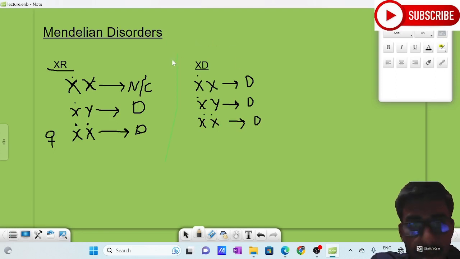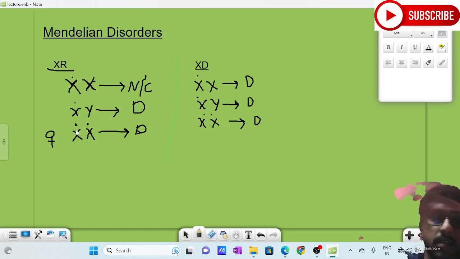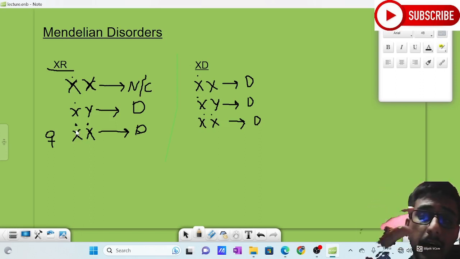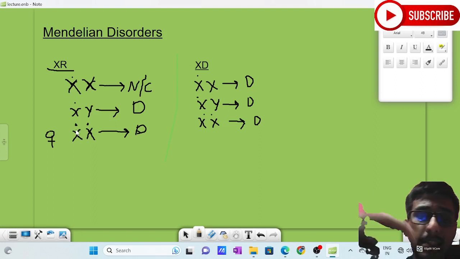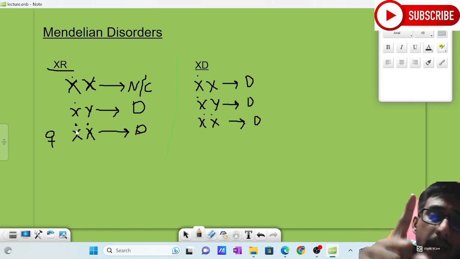Usually you should understand mutations in the dominant form are very rare. Mutation can occur even though it is rare in recessive disease. Mutation can occur in recessive condition mainly because the other chromosome can mask the effect of this mutation, because we know that if the genotype is in the heterozygous form, the dominant allele can mask.